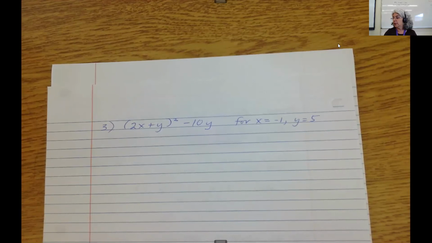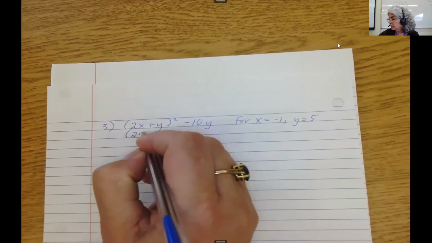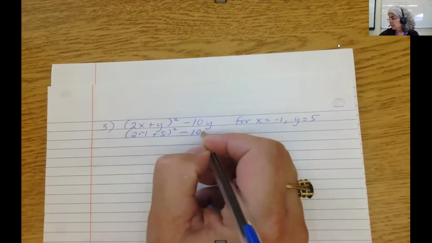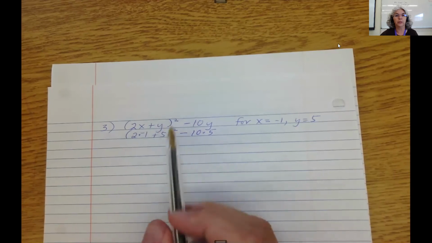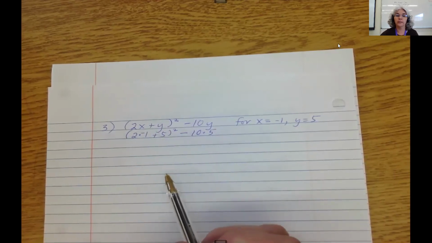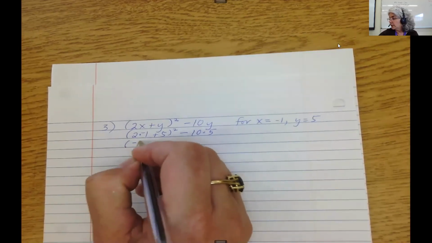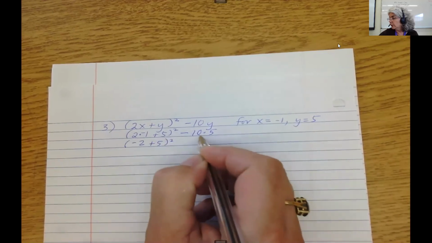Okay, I'm going to go through the answer, but hopefully you have paused it and worked out the math. Now this is a problem that I would not recommend simplifying first because we haven't learned how to square binomials yet. So just make the substitutions. That's a foolproof way. So we have 2 times -1, which is -2, plus 5 squared, and then I'm going to put these together here.